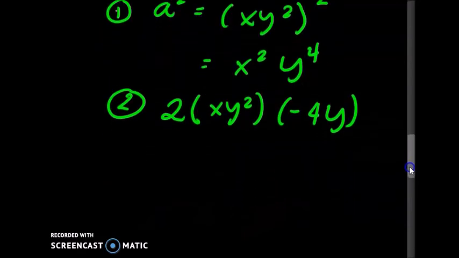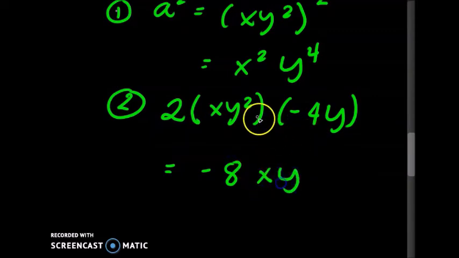The answer for this will be, 2 times negative 4, negative 8 x y, with the power of 2 multiplied by the power of 1 will just be an addition because this is a multiplication.